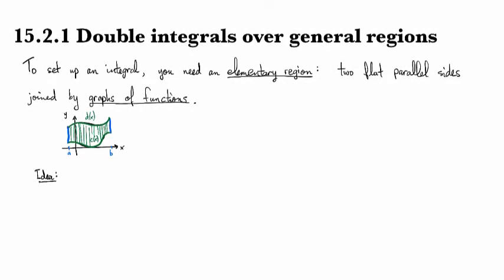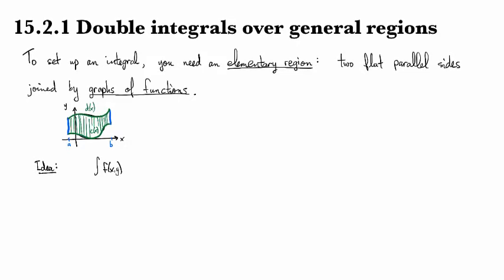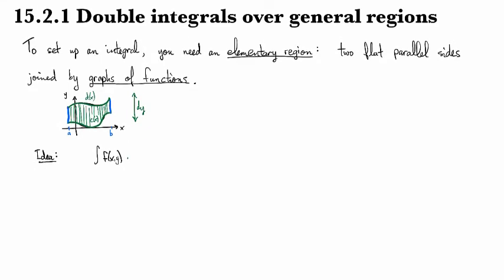The idea is that I would set this up as an integral where first, to figure out the length of those green slices, I'm going to integrate my function, whatever my integrand is, let's just call it f out of complete lack of imagination. The green slices go in the dy direction, so I'm going to be doing this as an integral first with respect to dy.